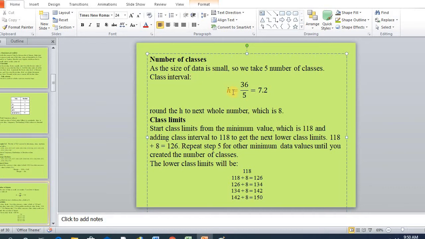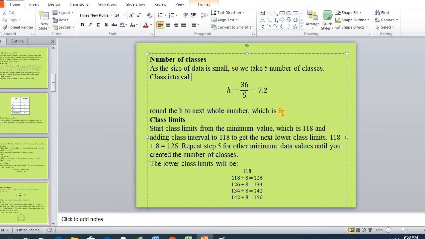So for the class interval, 36 is the range and 5 is the number of classes into which we convert the whole data. 36 divided by 5 is 7.2. This is a fraction, so we take the next whole number, which is 8. So our h is equal to 8.